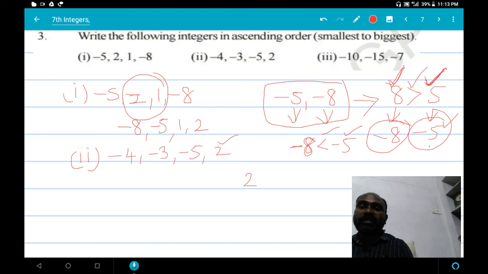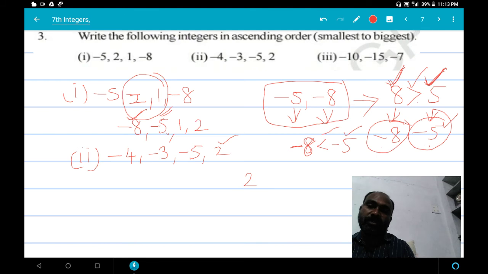From the negative numbers, there are 3 of them: minus 4, minus 3, minus 5. From the first problem, 8 is bigger than 5 as positive integers, so minus 8 is smaller and minus 5 is bigger.